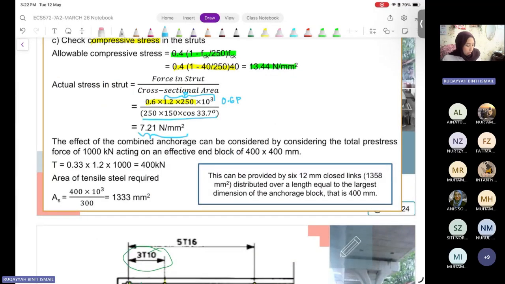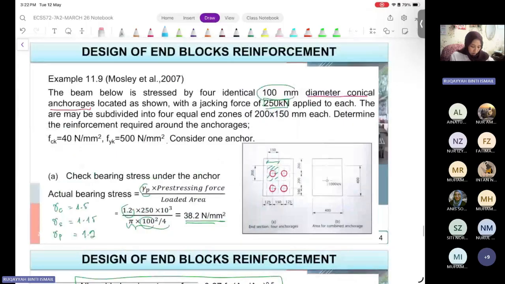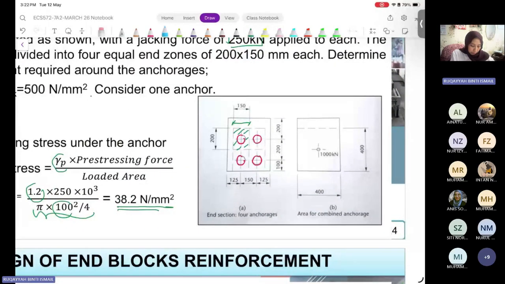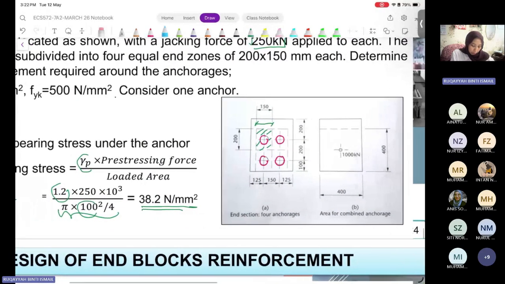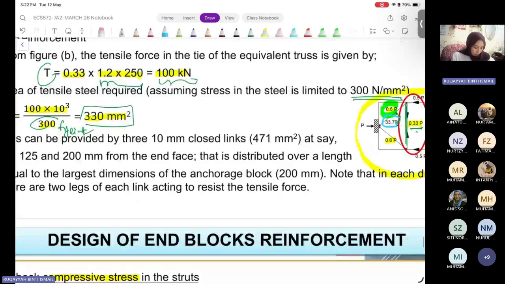All right. The effect of the combined anchorage can be considered by considering the total precise force of 1,000 kilonewton acting on an effective en bloc of 400 times 400. This particular area is represented by 400 times 400, because we have 200, and this is another 200, the area of your block of your cross section.